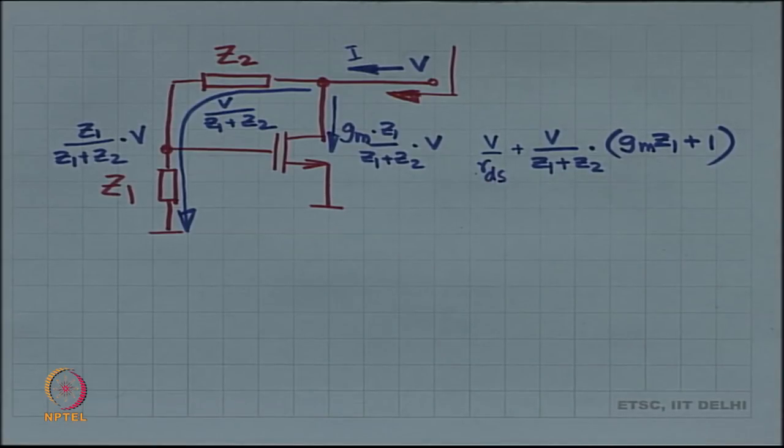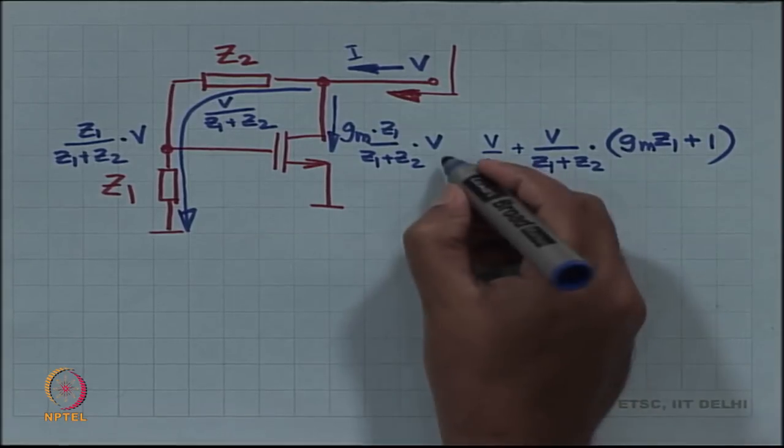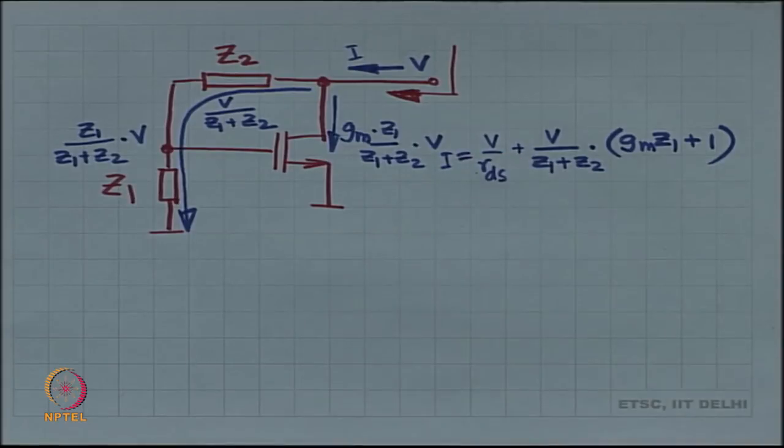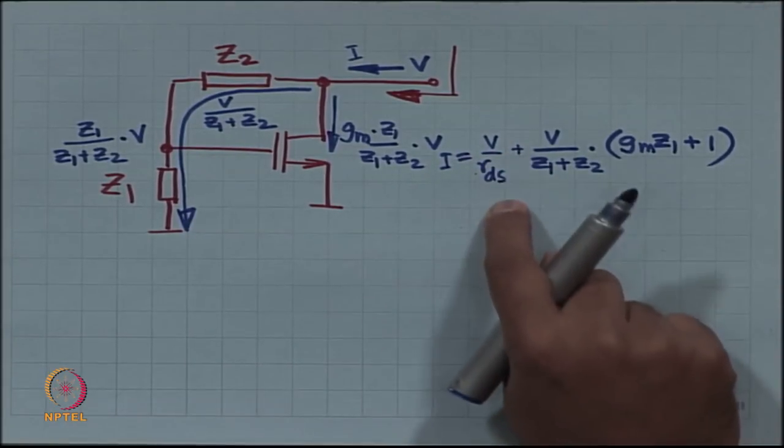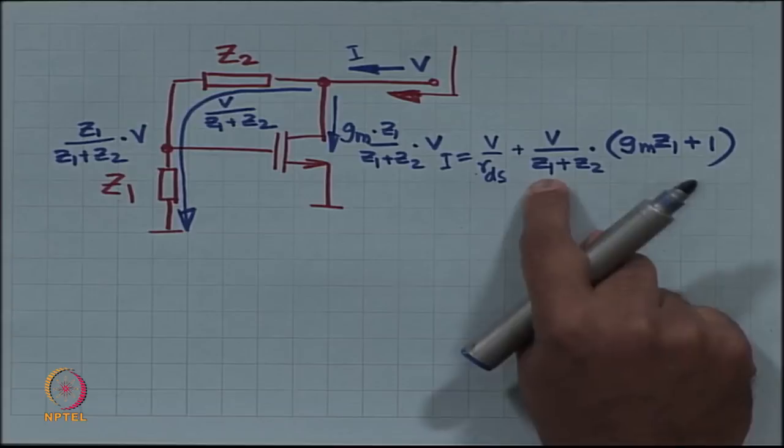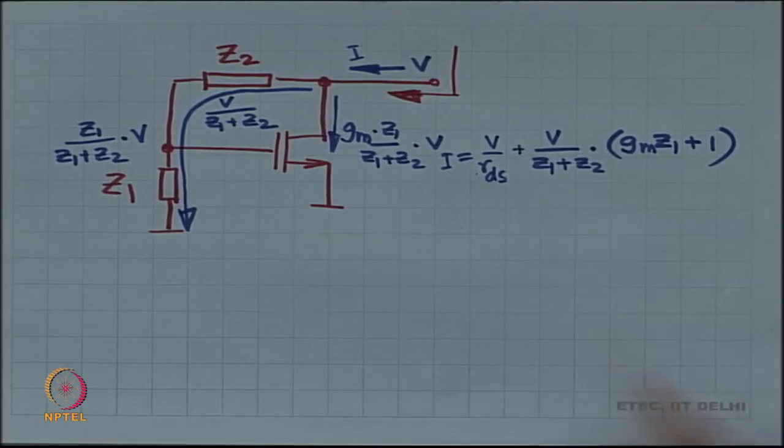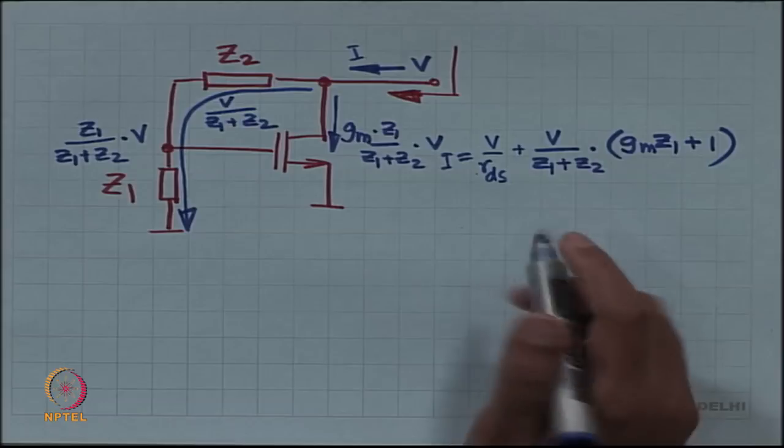All right. So, if you look at the output resistance, so this is the total current. I is V by RDS plus V by Z1 plus Z2 times so much. So, the total output resistance is V divided by I. Okay.